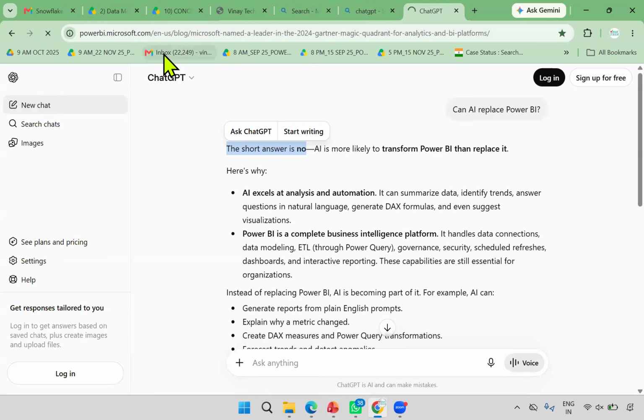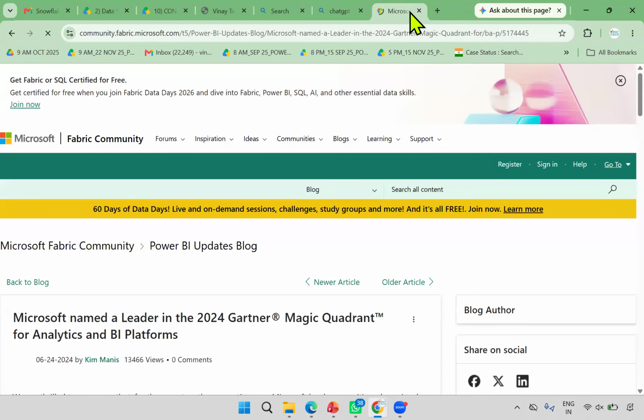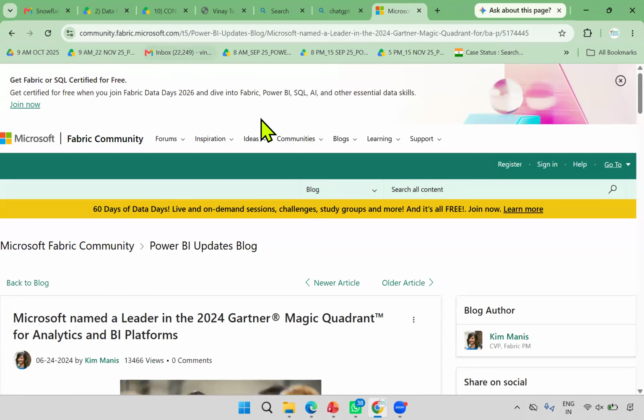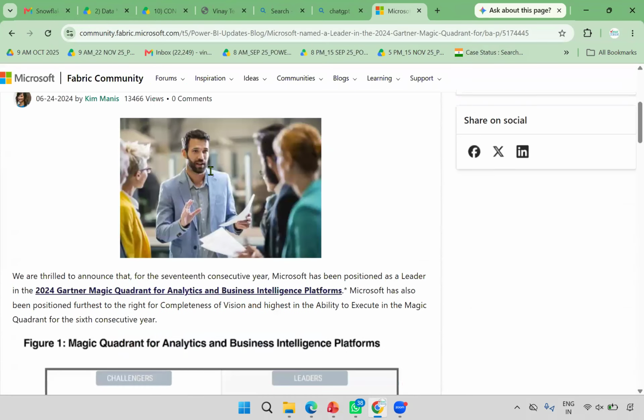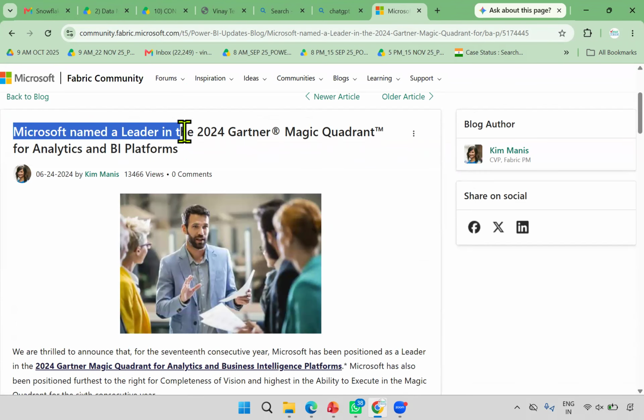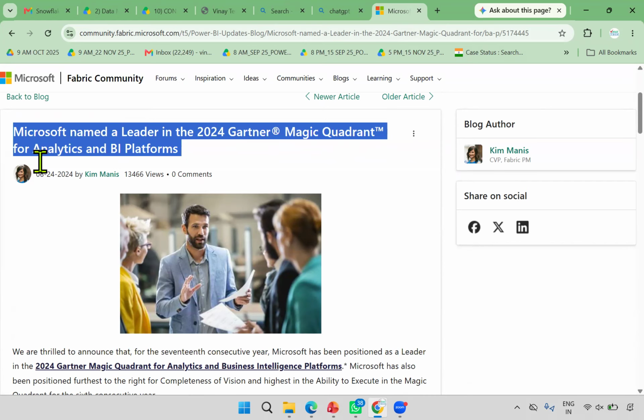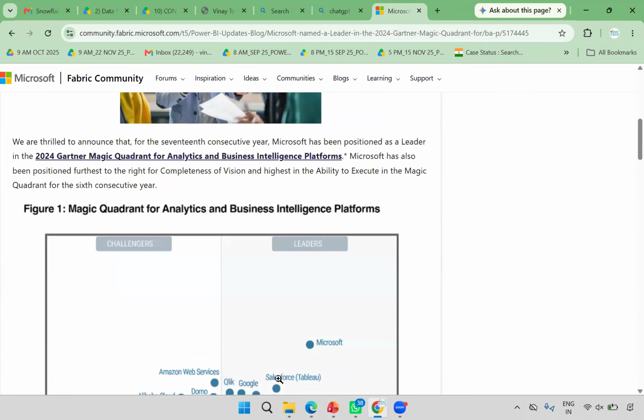There is one organization that rates IT applications, Gartner. They clearly said Microsoft was named a leader in 24, and 25 also, in analytics and BI platforms. If you look at this statement: we are thrilled to announce that for the 17th consecutive year, Microsoft has been positioned as a leader.